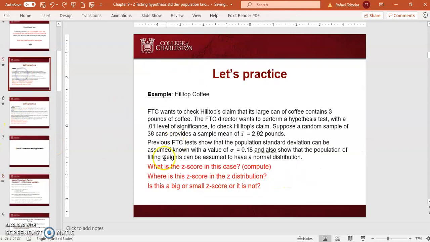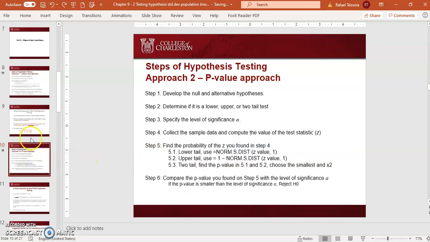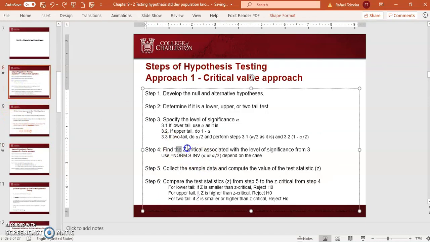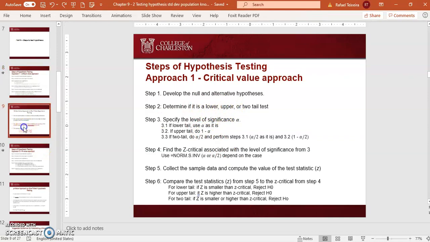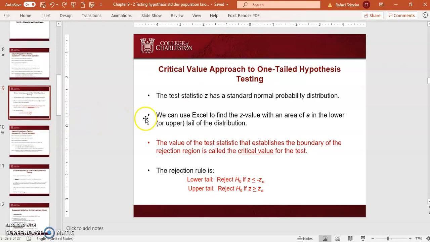Similar to the problem I worked with you in the previous slide, I showed you how to get the z-score for this problem. Then you compare that z-score with a z critical that you find using the level of significance and determining if it is lower, upper, or two-tail test. Okay, so I'm going to show you how to do that. But these are the steps.